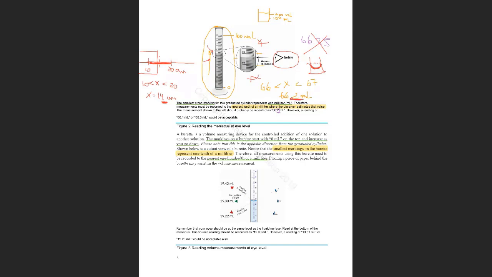Do I look in the upper part or the lowest part of the meniscus? The answer is the lowest part of the meniscus. So you are going to do an imaginary line here and read the lowest part of the meniscus. This is another consideration that you will need to remember when you are using this type of glassware, reading the meniscus at eye level.